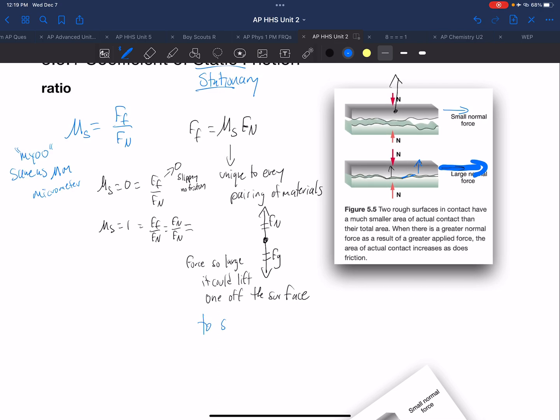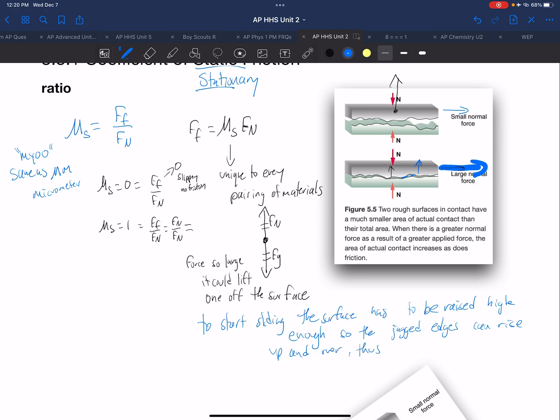So to start sliding, the surface has to be raised high enough so the jagged edges can rise up and over.